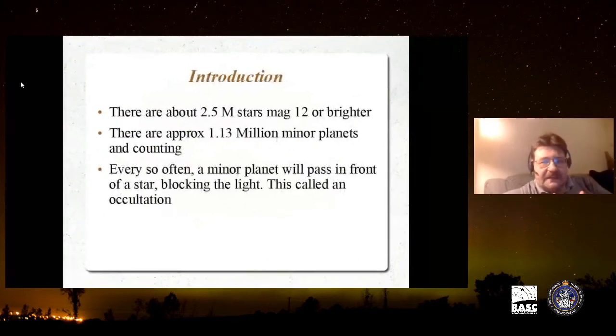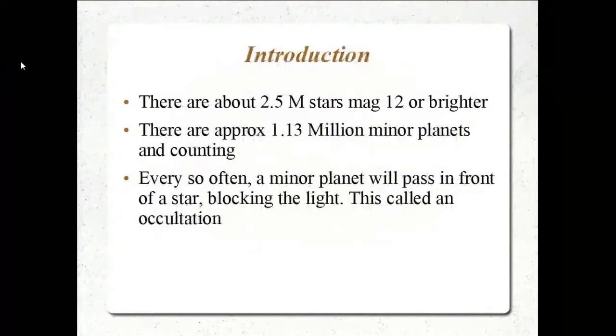So there are about 2.5 million stars that are magnitude 12 or brighter in the night sky. So stars that are within the grasp of a medium-sized amateur telescope. And as of a couple of weeks ago, there are approximately 113 million minor planets in our solar system.